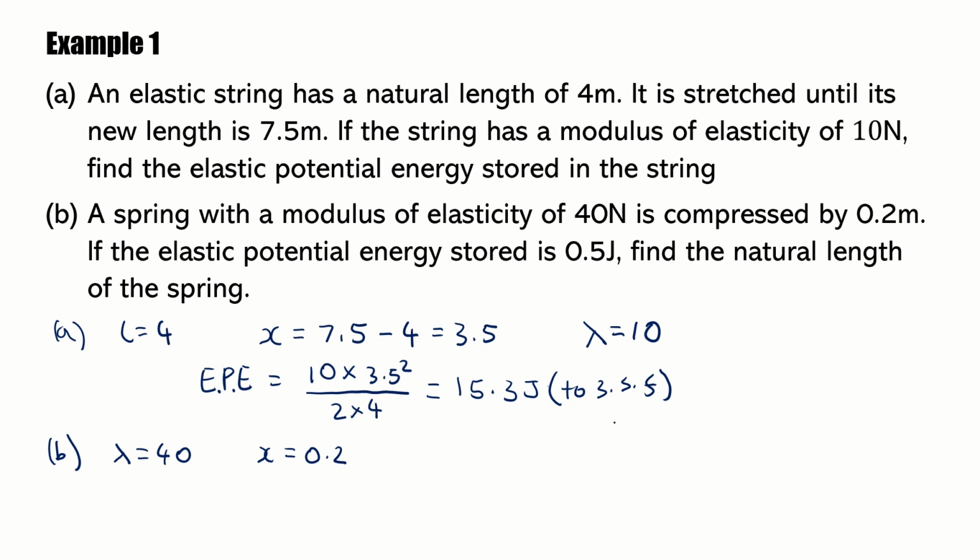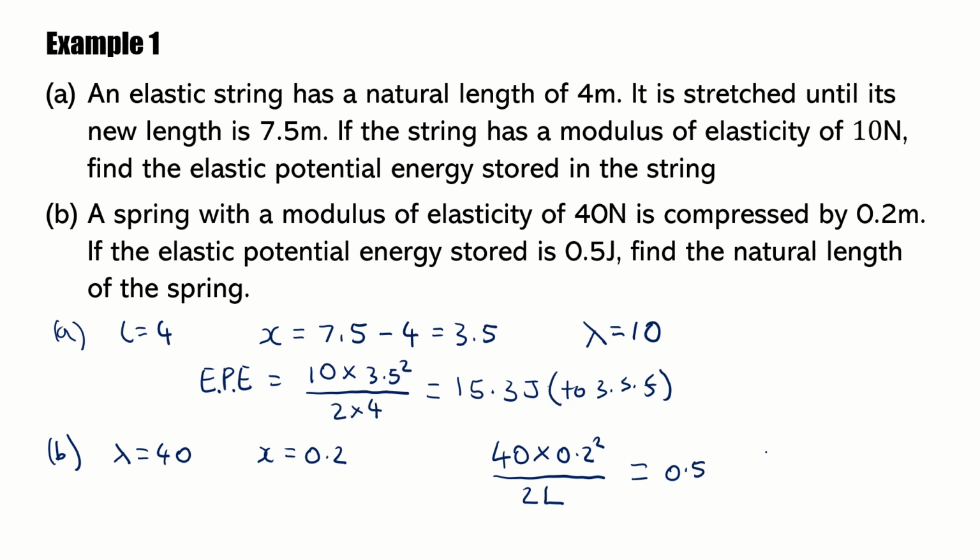So therefore, we've got to set up an equation. We know that 40 times 0.2 squared divided by two lots of our unknown natural length, which I'm going to call capital L, is going to equal 0.5. So we've just got to rearrange this equation to find what L is.